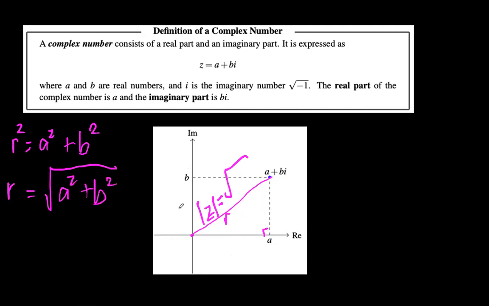Oh, ano kayong magandang pangalan sa r? Kasi hindi naman talaga siya circle. Since complex number tayo, gawin na lang natin z. Since positive siya palagi, absolute value na lang natin.